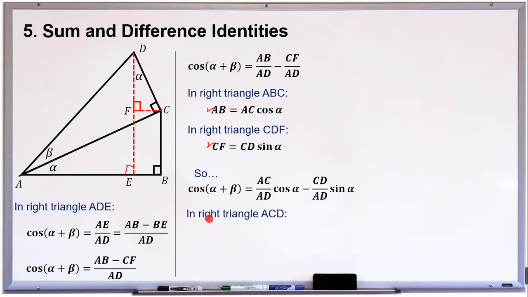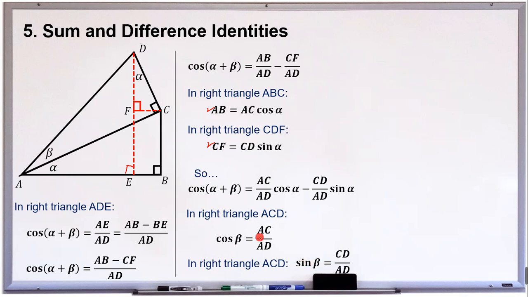Now, in the right triangle ACD, the ratio of AC over the hypotenuse AD is simply equal to the cosine of beta. And then in the same right triangle ACD, the ratio of CD, the opposite side of angle beta, over the hypotenuse is simply equal to the sine of beta.